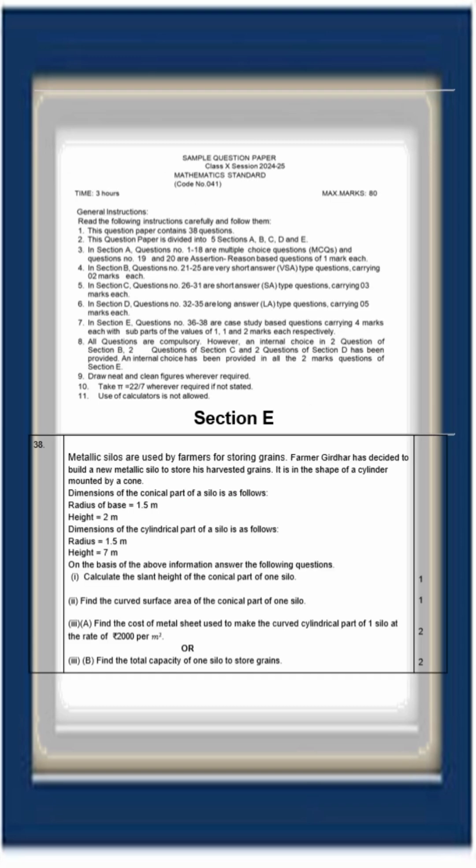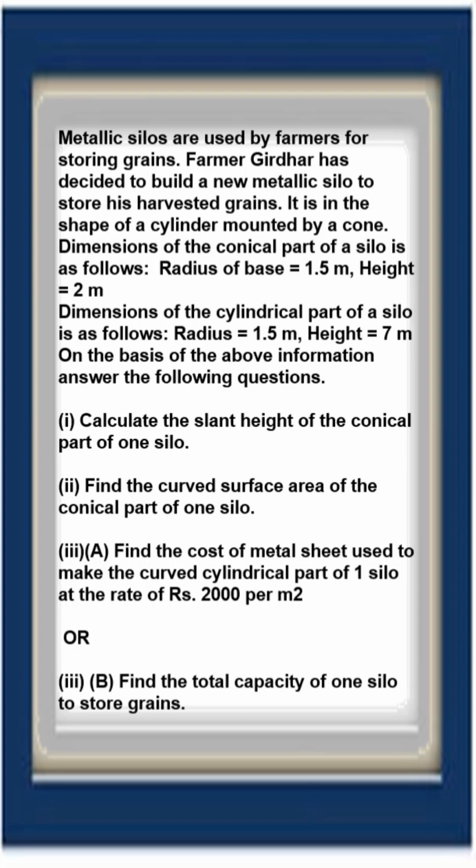Now let us solve the 38th question of section E. The question is, metallic silos are used by farmers for storing grains. Farmer Girdhar has decided to build a new metallic silo to store his harvested grains. It is in the shape of a cylinder mounted by a cone.